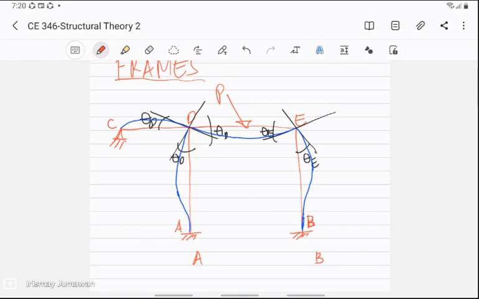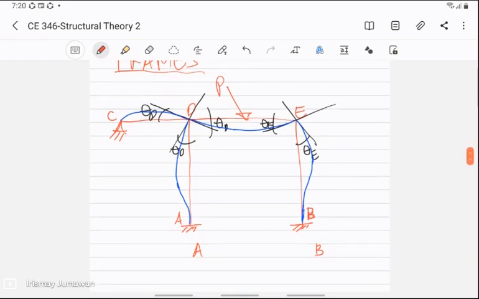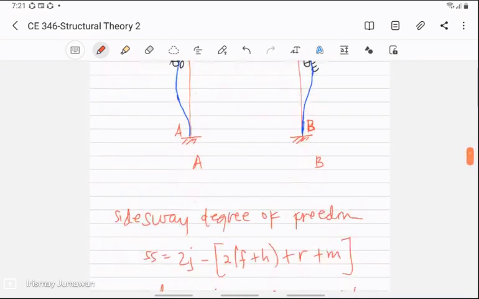4. What is your degree of freedom? If we substitute it to the formula, what do we get? Substitute it into the equation.